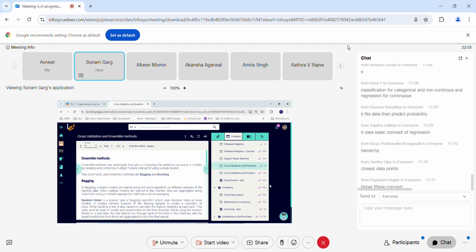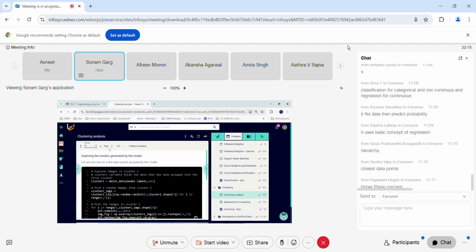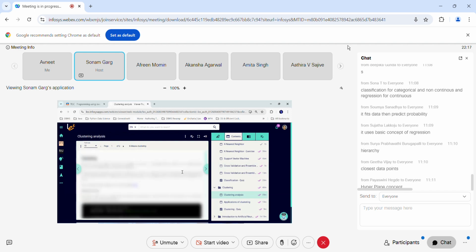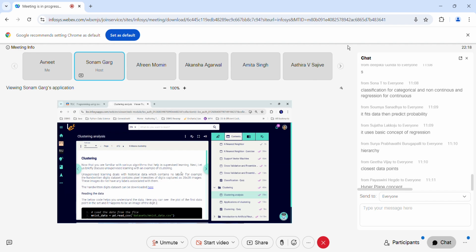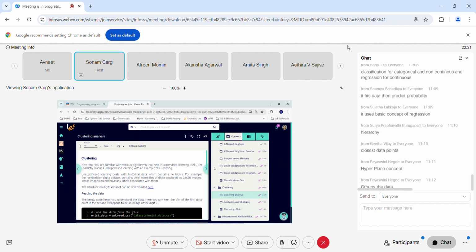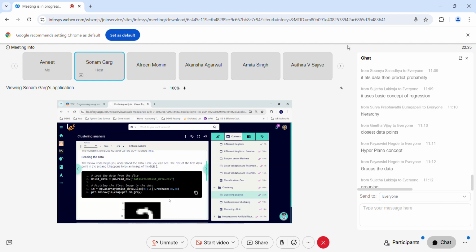In the next session, we talked about what to do when we have some data which is not labeled. If you have unlabeled data, then we have to go for clustering. What does clustering do? It forms clusters. It finds similarity between the elements and then groups the data into different clusters.